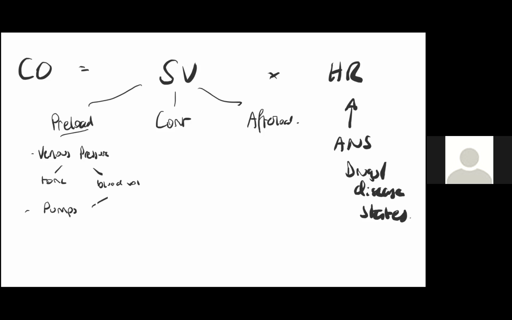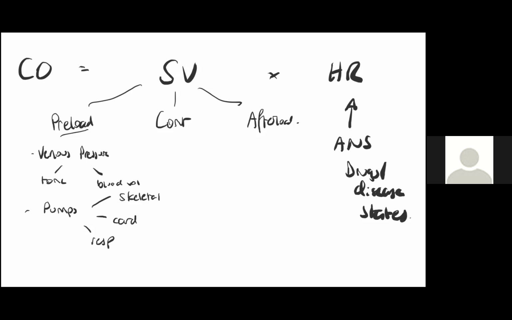So you have 3 different pumps to think about. So skeletal, cardiac, and respiratory. The skeletal muscle pump refers to the contraction of the skeletal muscles propelling blood through the deep veins back into the central venous circulation, particularly the calf muscles.